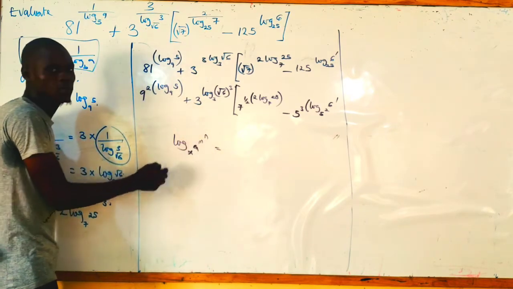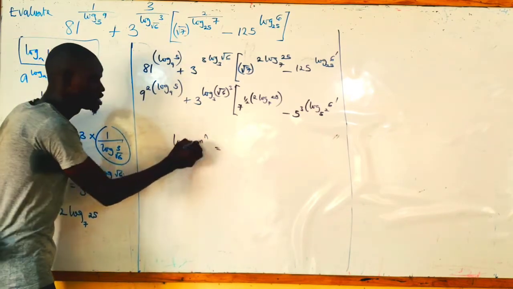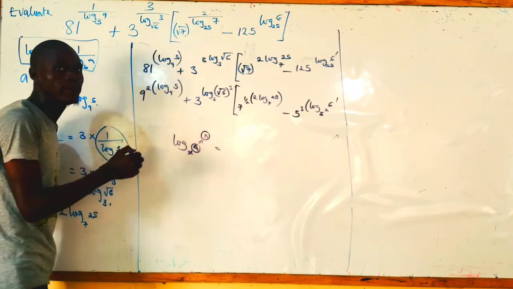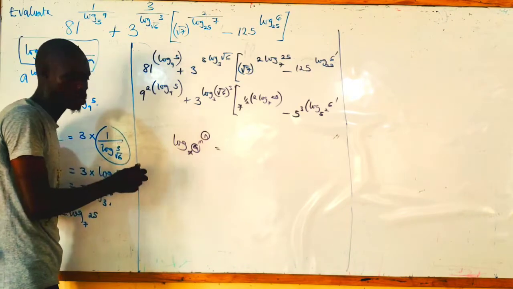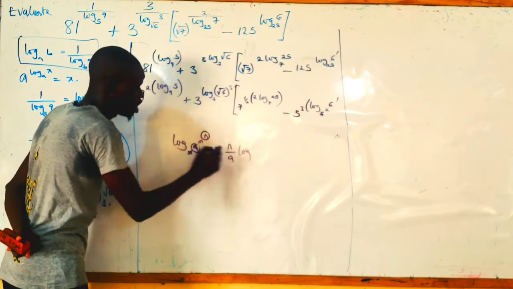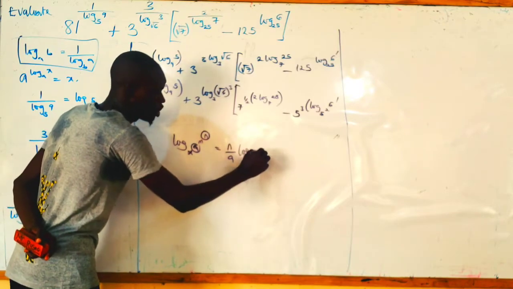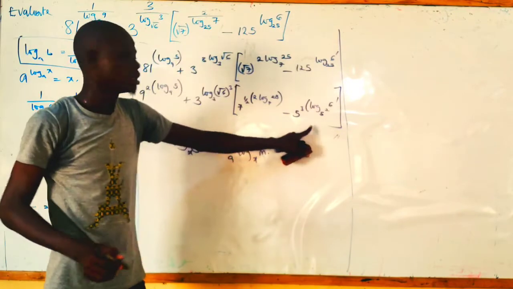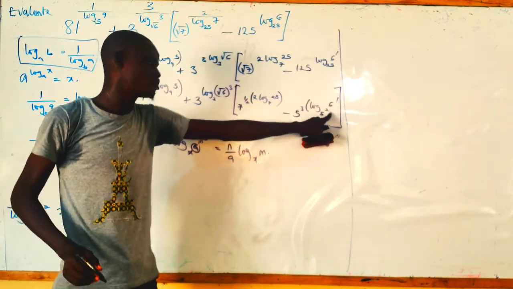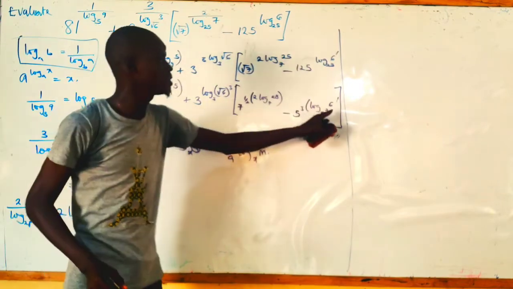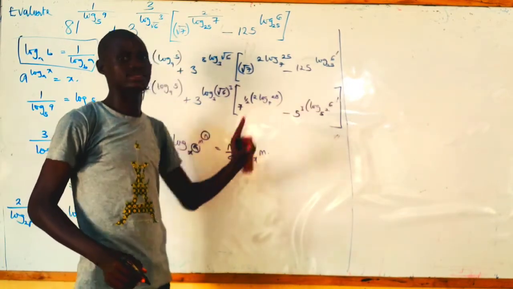Then the rule states that whenever you have such a thing, the power of the log divided by the power of the base should be used to multiply the log. That means I should be having n over a log of x raised to the power of m. I think I have such kind of thing here. This is the base. This is the power of the base. This is the log. This is the power of the log. I can simply use this to divide this.